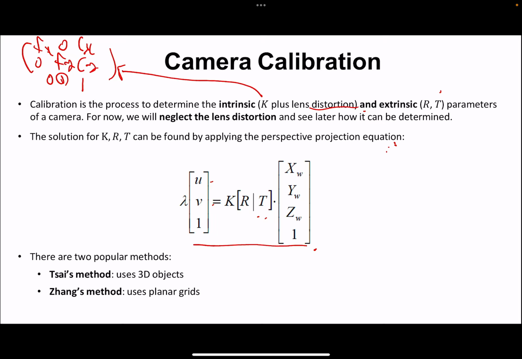Then we additionally apply the intrinsic parameters to convert the camera coordinate system to the image coordinate system. That becomes image coordinates up to a scale, lambda. There are two popular methods for camera calibration. Tsai's method uses a 3D object, and Zhang's method uses planar grids. We will study both approaches.